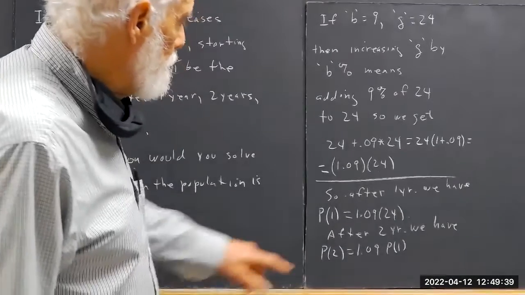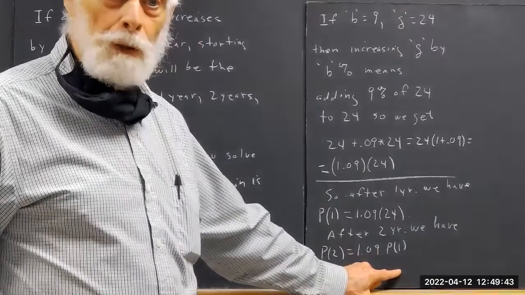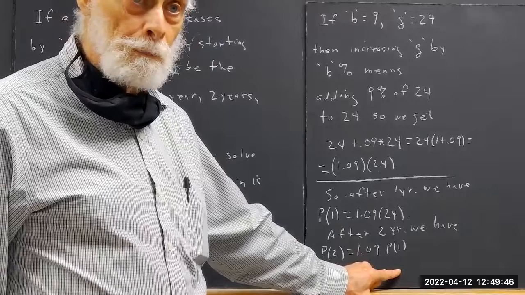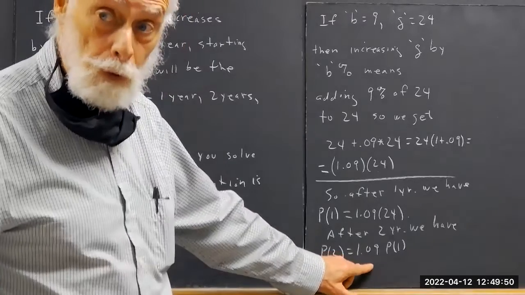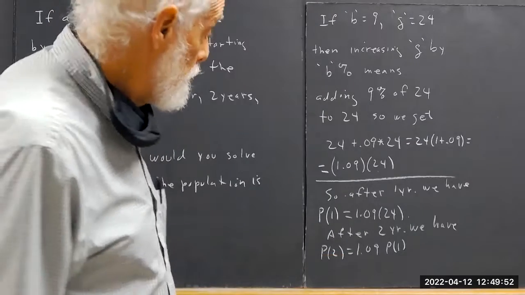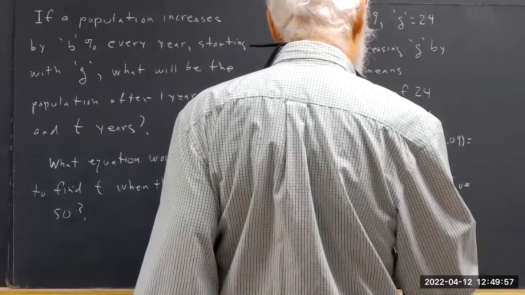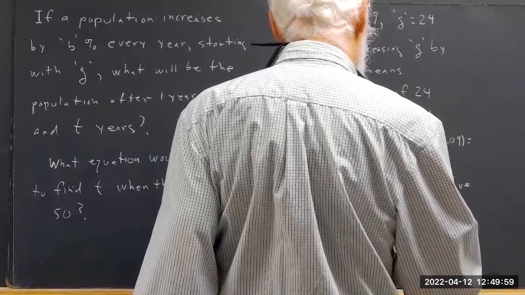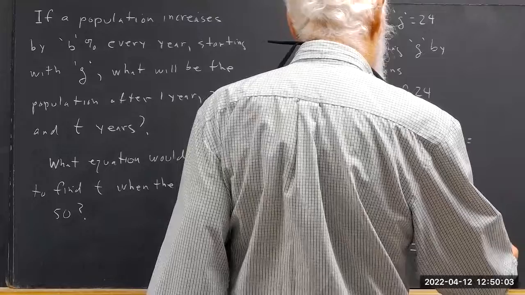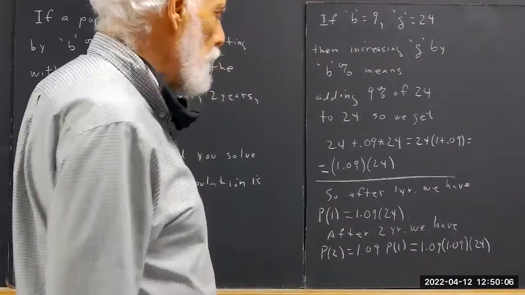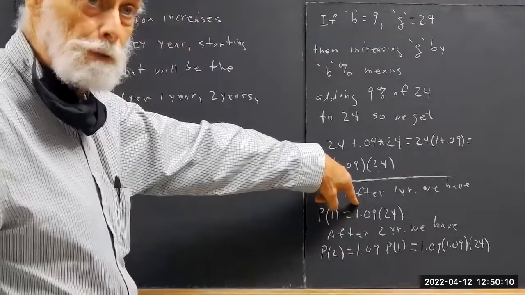After 2 years, we have P of 2, which is 1.09 times P of 1, isn't it? Because P of 1 is what we have after the year. We're going to add another 9%, which means we're going to multiply by 1.09. And that's, of course, 1.09 multiplied by 1.09 times 24, because that's what P of 1 is, right?